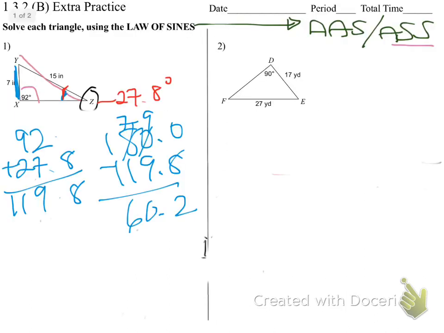Yep, 60.2. So this missing angle right here, angle Y, is 60.2. So we found the three angles, we found two sides, and now we have one more side to find.